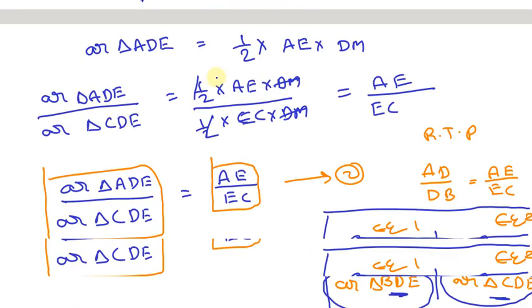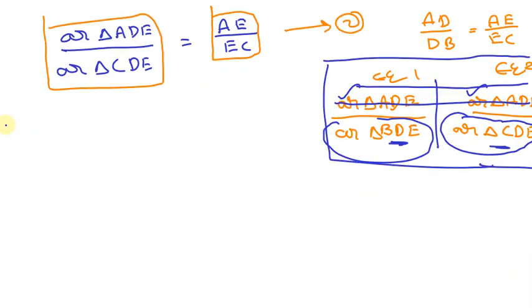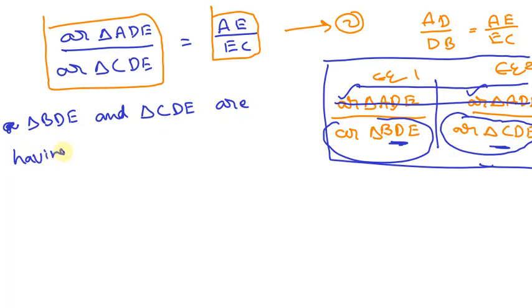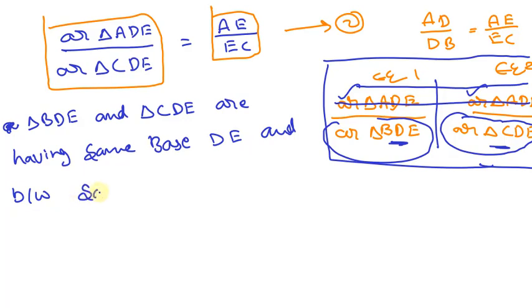So that we have to write here. Triangle BDE and triangle CDE have the same base. What is the common base they have? That is DE, and they lie between the same parallel lines.